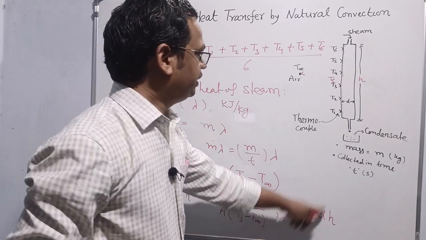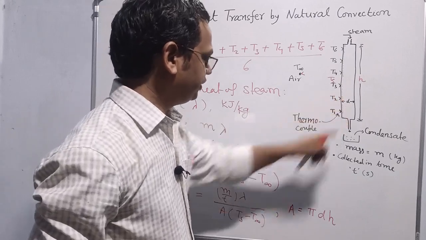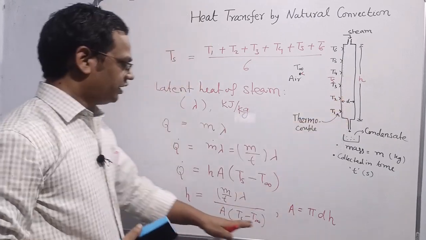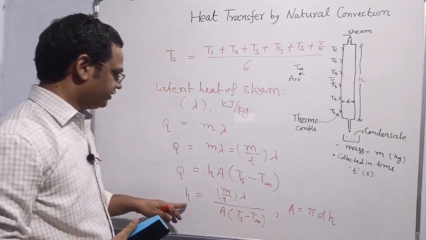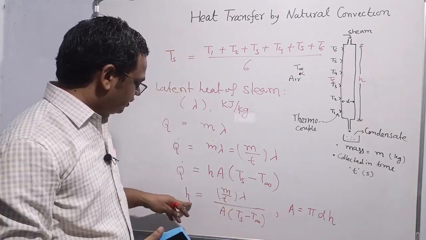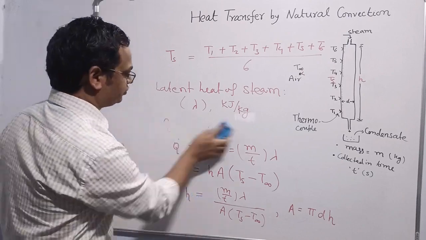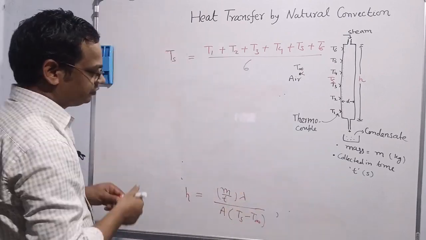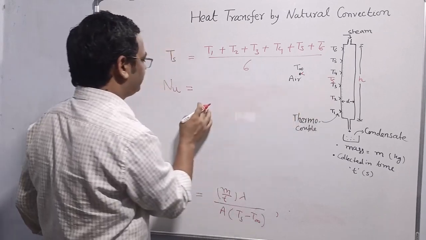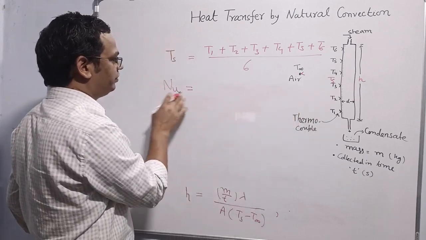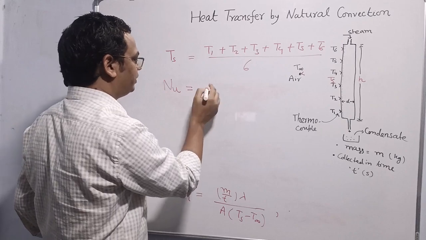So area is pi d h, where d is the diameter of the tube. So all values we know, therefore we can find heat transfer coefficient from the experiment. Now we will compare this value to the theoretical value. For natural convection, we have a correlation between Nusselt number, Prandtl number and Grashof number.